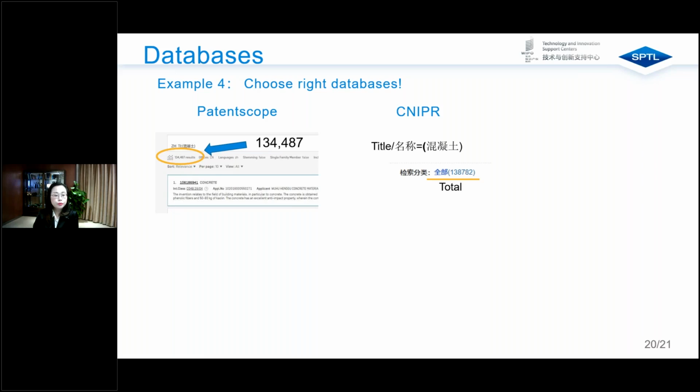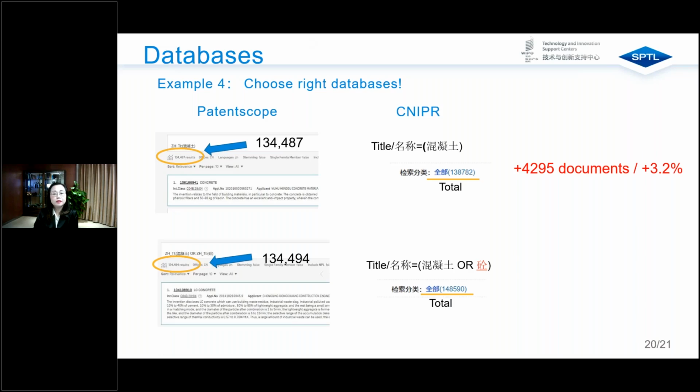In PatentScope, 134,487 documents are hit, while 138,782 documents are hit in Zen IPR. The hit number increased by 3.2%.